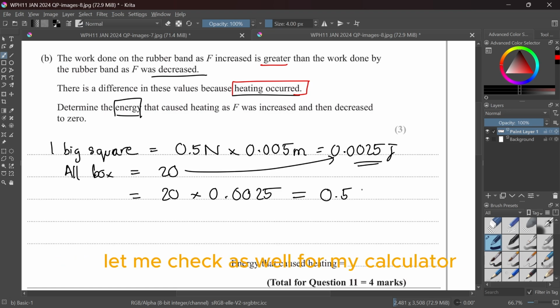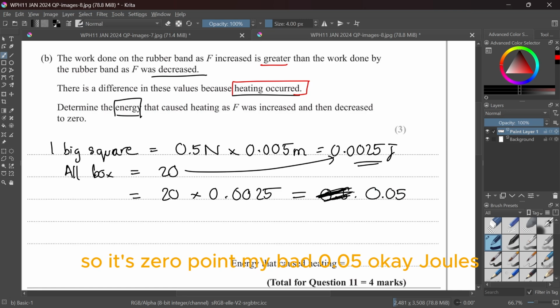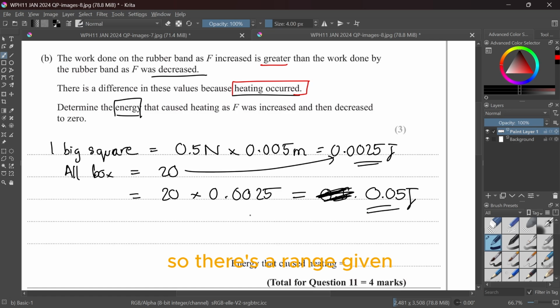Let me check from my calculator as well. Yes, it's 0.05. Okay, my bad, 0.05 joules.